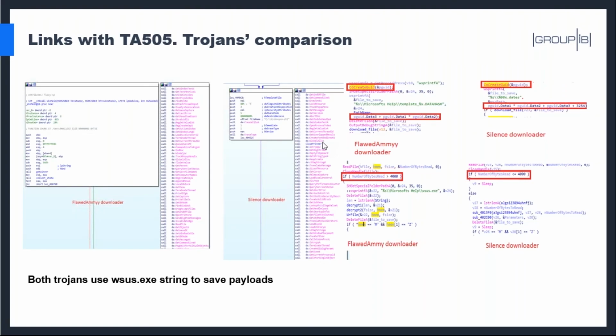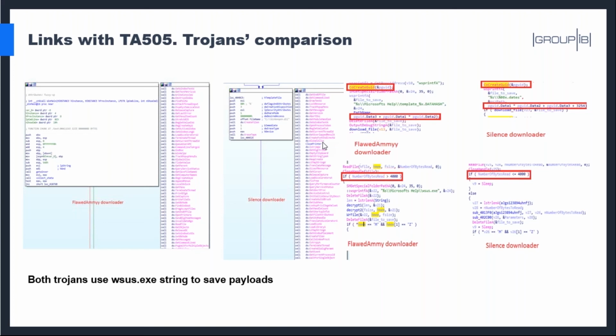In December 2018, we detected attacks on British financial organizations, and samples used in these attacks were signed by a few digital certificates. We found that this certificate was used not only to sign the Silence downloader, but also Float EMI samples.